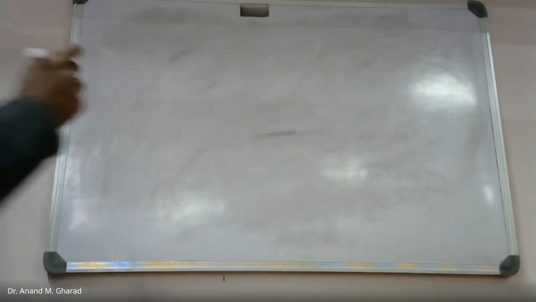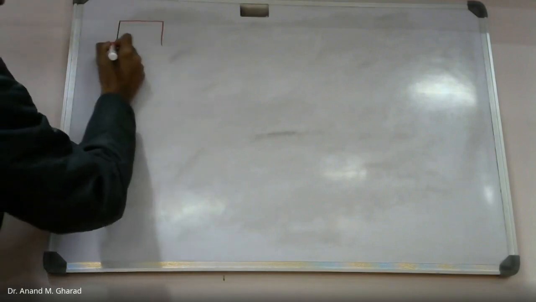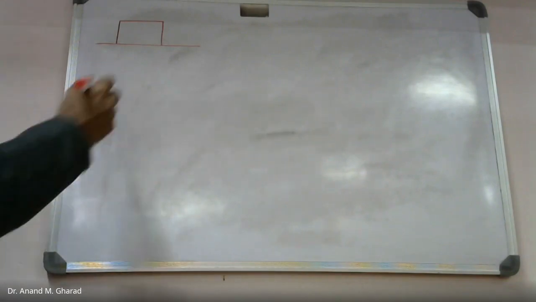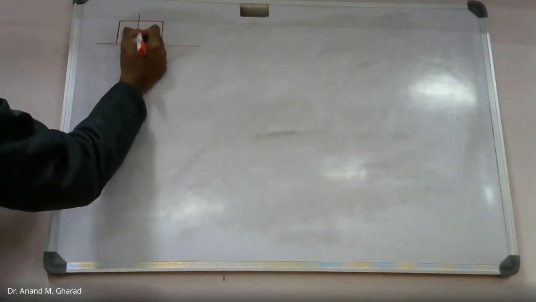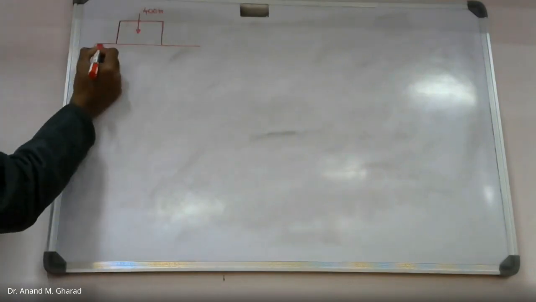What is given? This is a rigid body like this. It is resting on a rough surface. The weight of this body is 400 Newton. Okay, this is the rough surface on which it is resting.